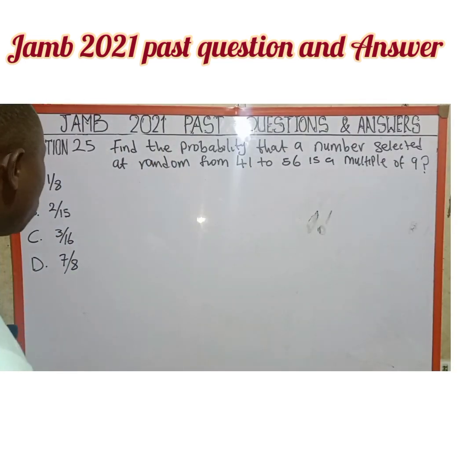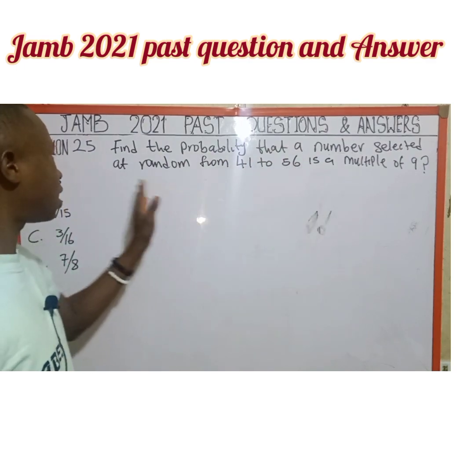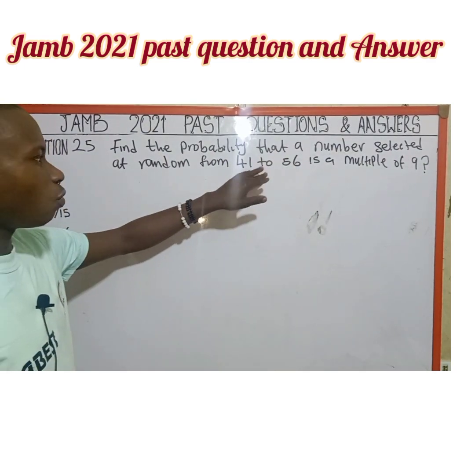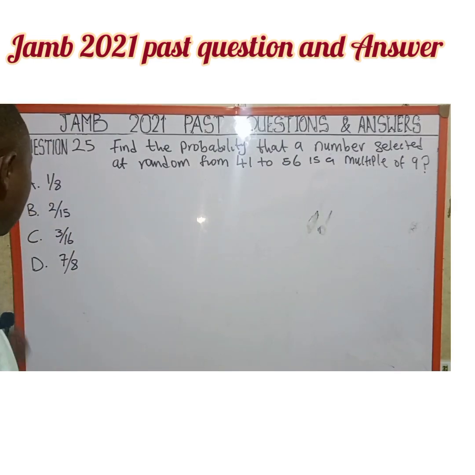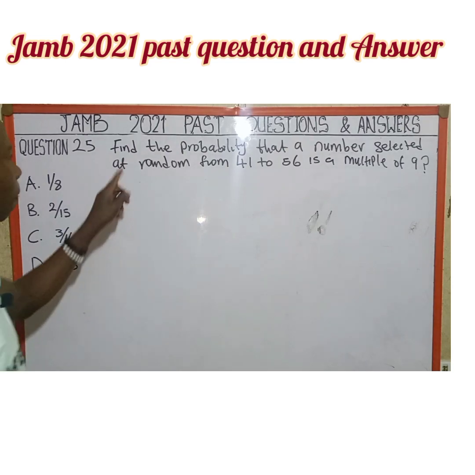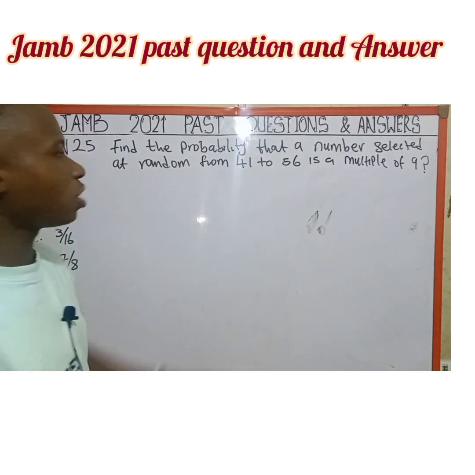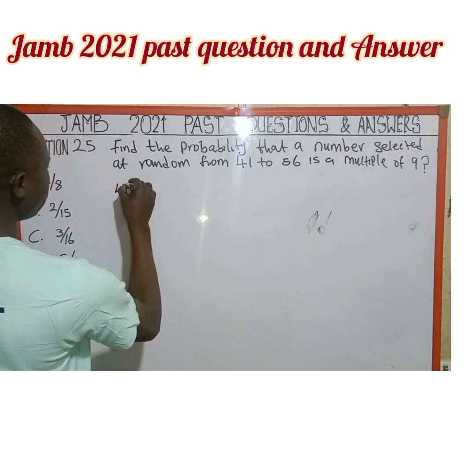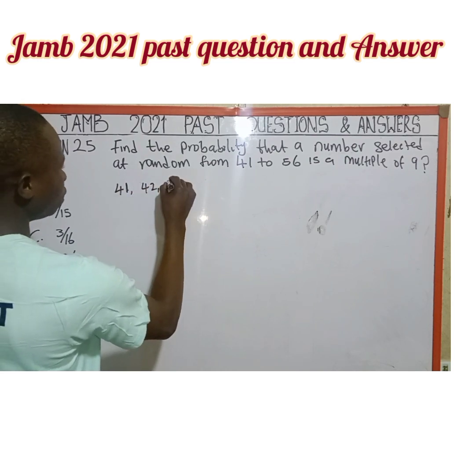Question number 25, which reads: find the probability that a number selected at random from 41 to 56 is a multiple of 9. And we have been provided with options A to D. So this is probability, so let's solve this question. Let us get our sample space from 41 to 56.